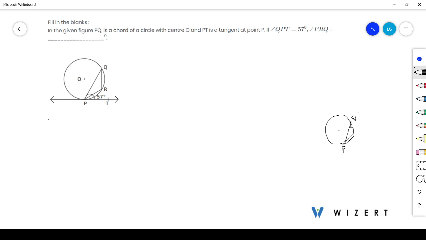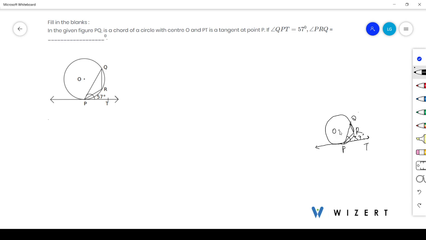Here we have a point R, then there is a tangent to that circle, and we have been given this angle equals 57 degrees. Here the point T is there.